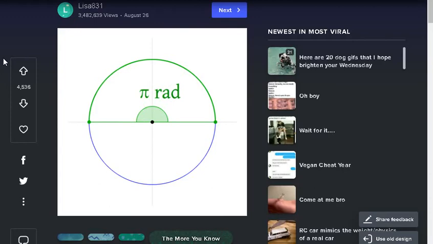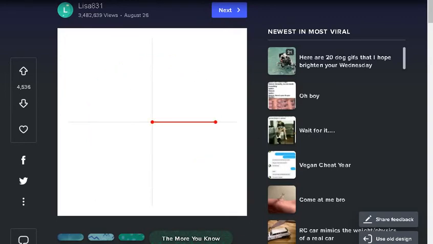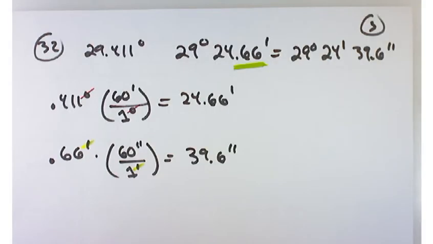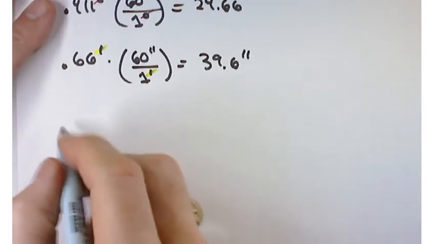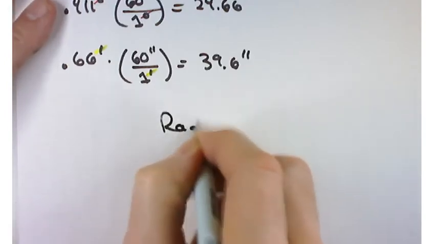Yeah, about 3.14, right? Pi radians. So pi would be halfway around the circle. How far for all the way around the circle? 2 pi. So let's write both of those things down. And the big takeaway that you should get is this. So we're going to talk about radians.